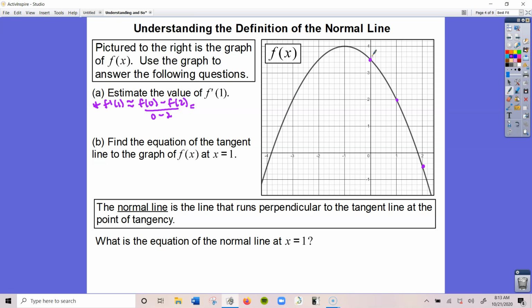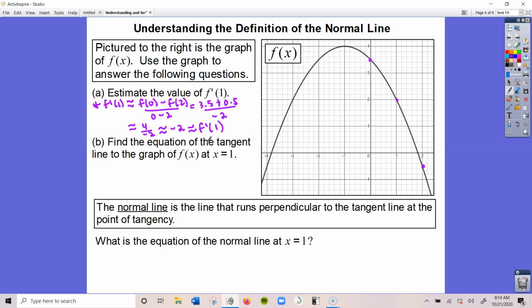Now f of 0 is right in the middle between 3 and 4, so 3.5, minus f of 2, which is also right in the middle between 0 and negative 1, so a negative 0.5, making this a positive 0.5, over 0 minus 2, which is negative 2. 3.5 plus 0.5 is equal to 4, and 4 divided by negative 2 is negative 2. So f prime of 1 is approximately negative 2.